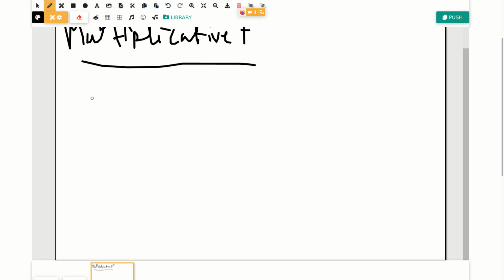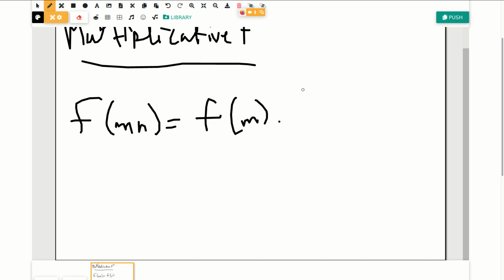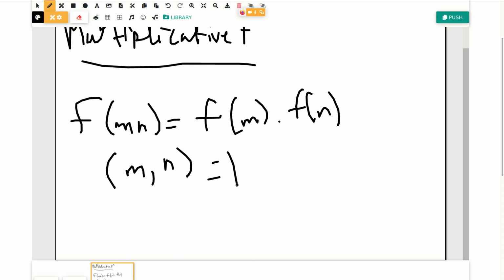The property is that if f is a multiplicative function, then f of mn is equal to f of m times f of n. But there's a special condition over this as well: m and n are co-prime. You might have noticed that everything is very much related to co-prime stuff in number theory in general.